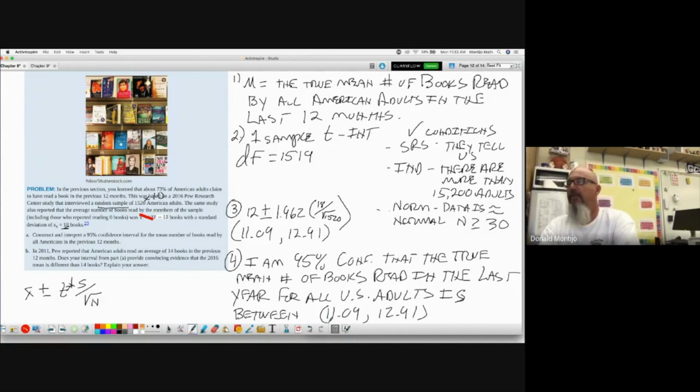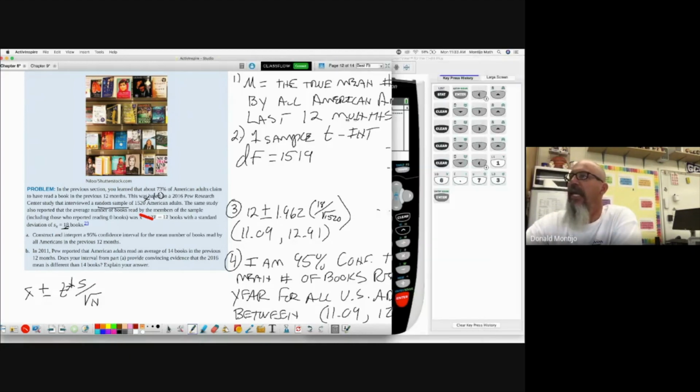I'm 95% confident that that's the true number of books read per year on average for all American adults. So I can say that on average, somewhere between roughly 11 and 13 books per adult per year have been read in the United States.